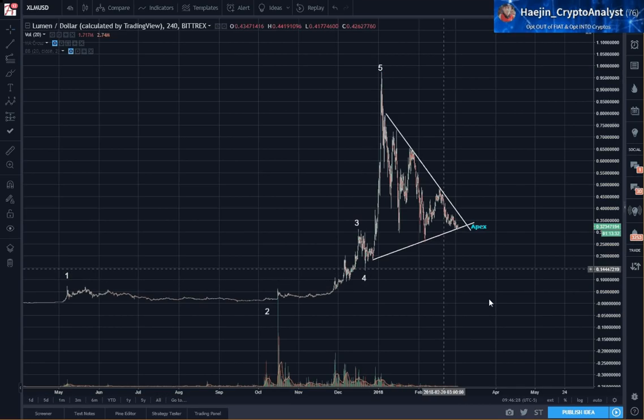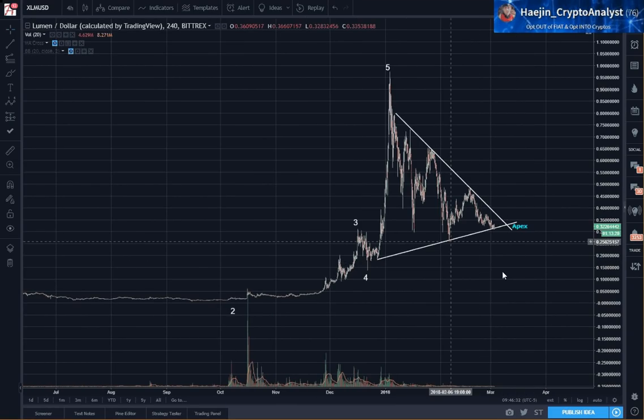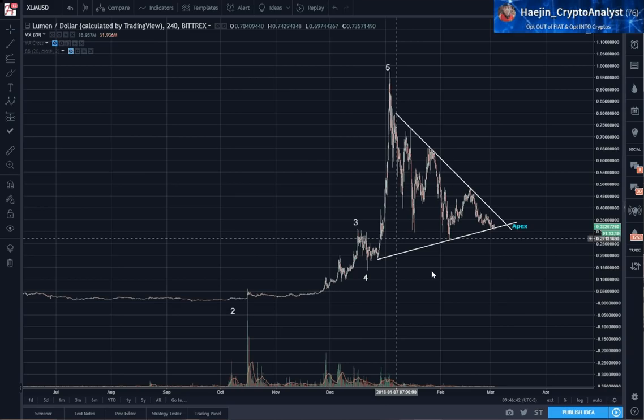So if we have 1, 2, 3, 4, 5, how do I label this triangle? Well, yes, there are other ways of drawing this triangle, I am aware. But for now, I'm going to select this as the preference.